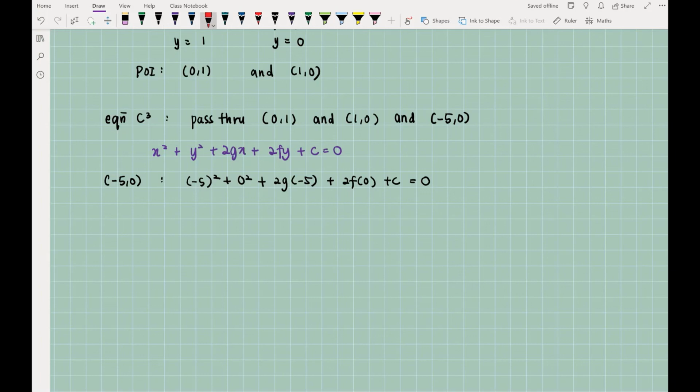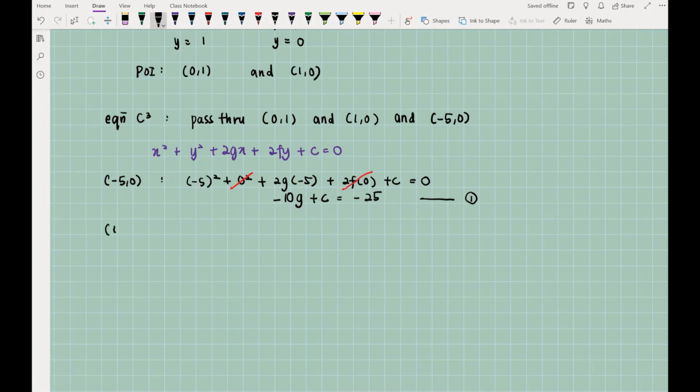Okay, so we are going to simplify this. This one becomes 0. This one will disappear as well. So I will have here negative 10g plus c that is equal to negative 25. Okay, that is my new first equation. Untuk this part je tak ada berkait dengan yang atas. Untuk simultaneous equation, so that is my first equation.